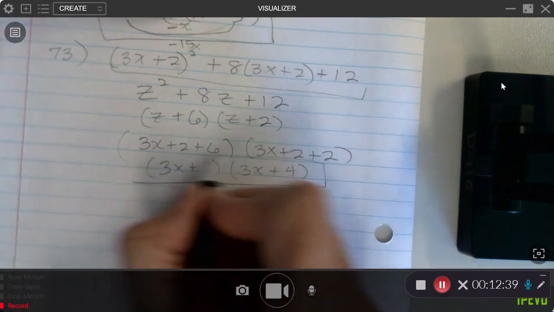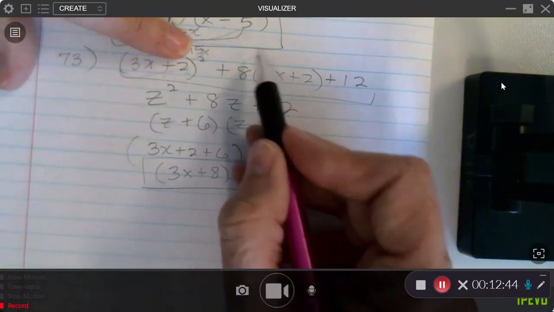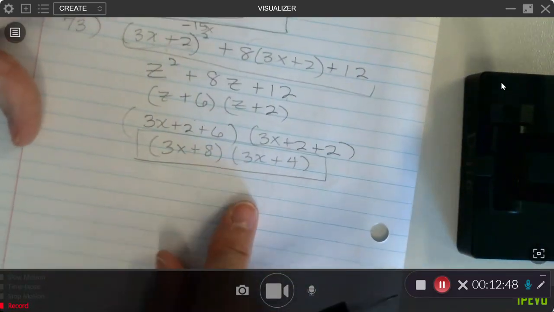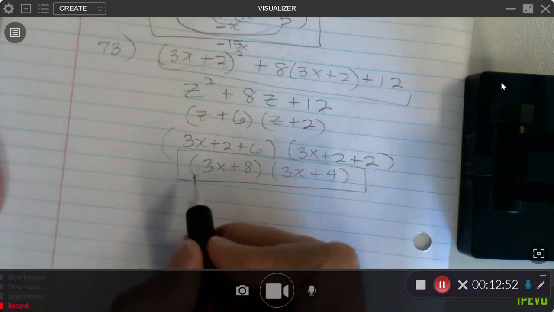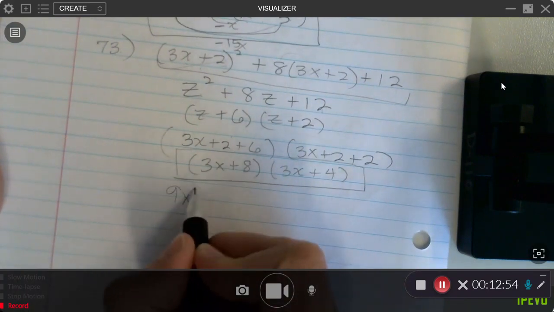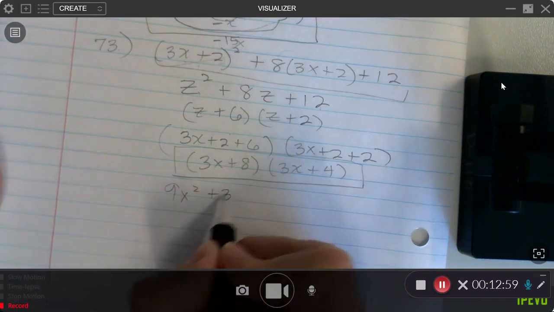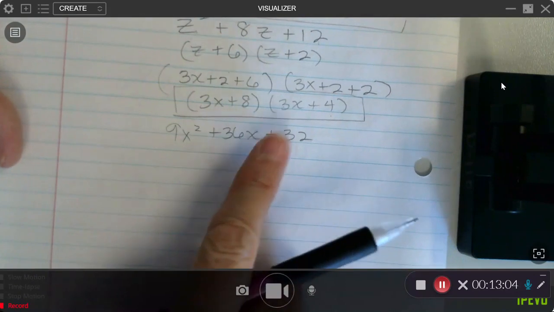How many of you tried to FOIL that out, distribute, combine like terms, and then factor? Would you get like 9x squared plus 36x plus 32? Yeah, that was an ugly one to factor, wasn't it?